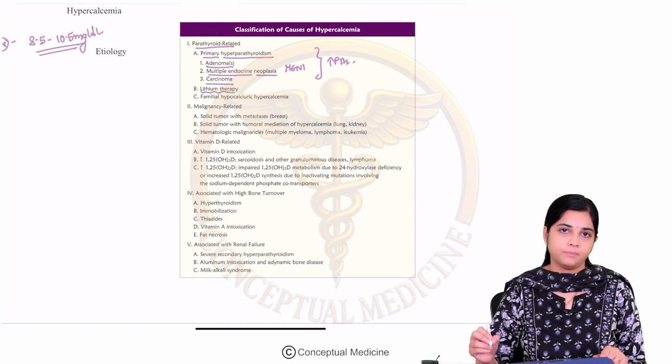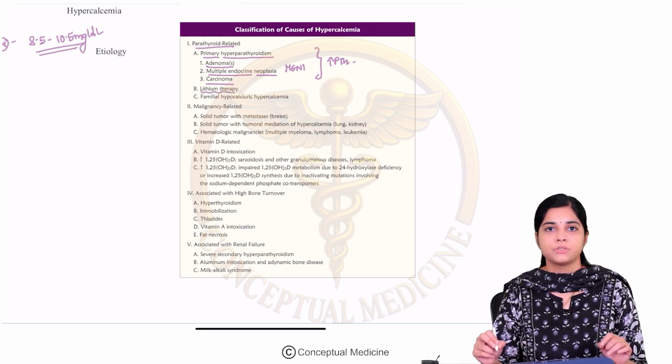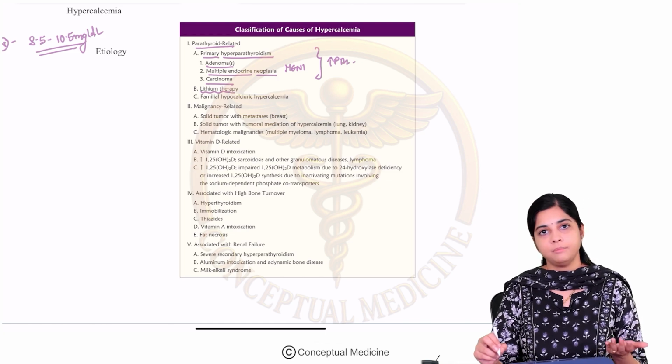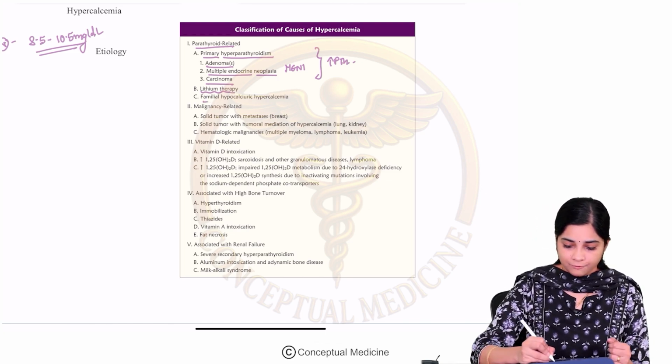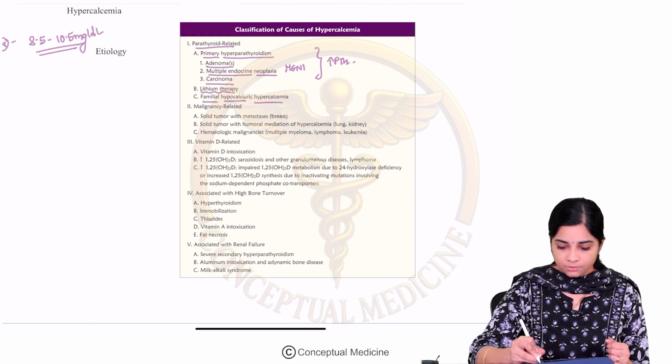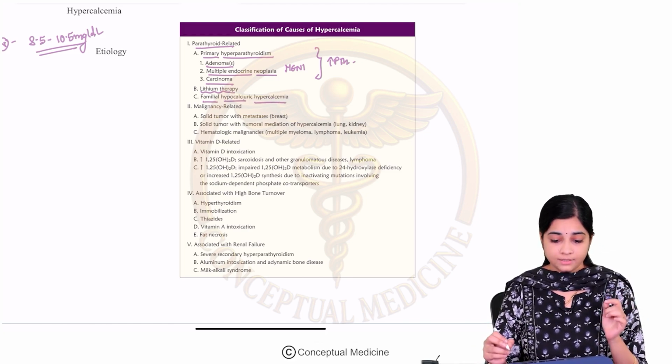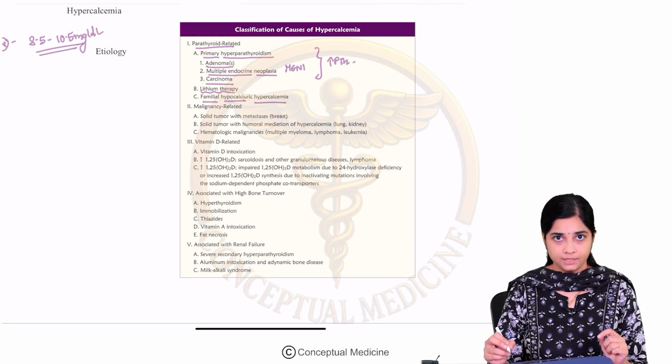Second, lithium therapy. Now lithium is basically a drug which is used in the management of bipolar disorder. Lithium can also induce PTH and cause hyperparathyroidism, hypercalcemia. Then familial hypocalciuric hypercalcemia. So remember, this is a cause of PTH mediated hypercalcemia.